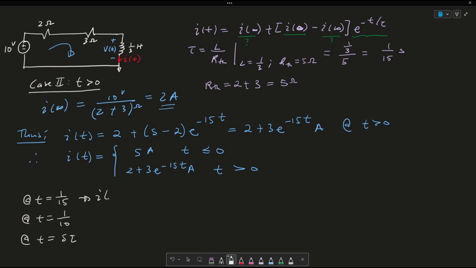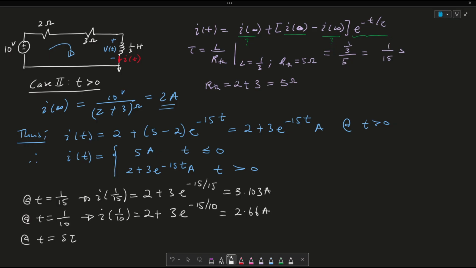So this is I(1/15), which is equal to 2 plus 3e to the minus 15 over 15, which is equal to 3.103 amps. This here is I(1/10), which is going to be 2 plus 3e to the minus 15 over 10, which is 2.66 amps.